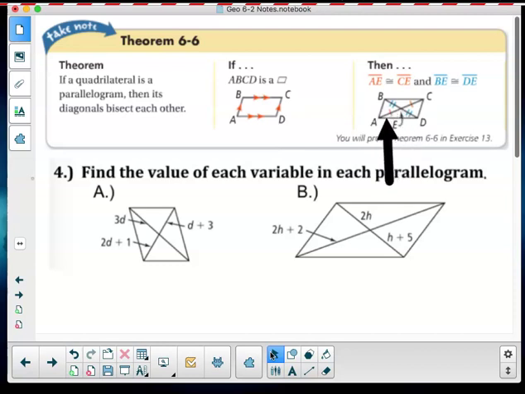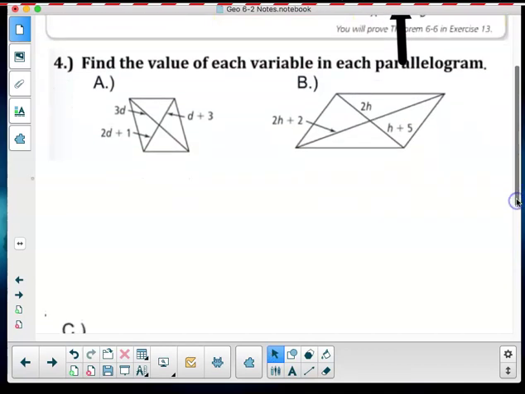So they meet in the middle, and AE and CE are congruent and therefore equal. BE and DE are congruent and therefore equal. So when I'm working with them, I've got to make a decision about what's happening here. I've got to be able to look at my diagram, realize this is a parallelogram, and know I'm going to be able to find stuff.